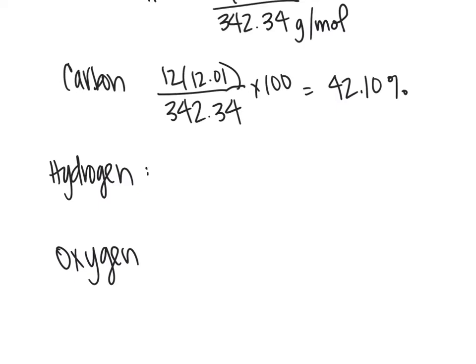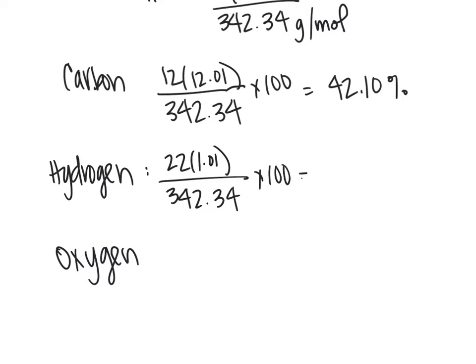So the hydrogen is 22 times 1.01, still divided by the same total mass of 342.34, multiplied by 100, and that's going to give us 6.50%. So from here, this is good. To calculate oxygen, you could take 100% minus 42.1 minus 6.5.